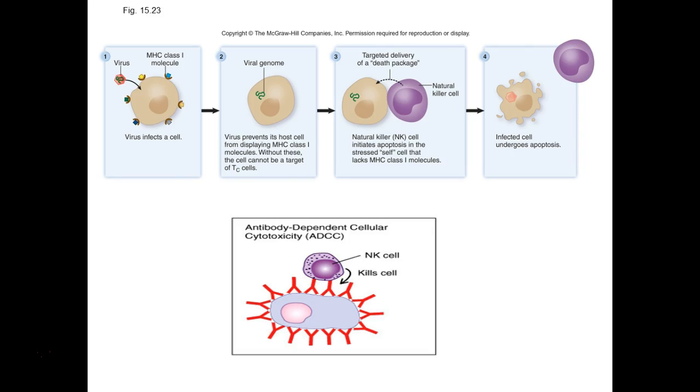CD4. Helper 4H. Don't forget 4H, right? CD4 is helper T cells. That marker that our cells are using to communicate with each other is actually what the HIV virus attaches to. And that's how it gains entry into helper T cells.